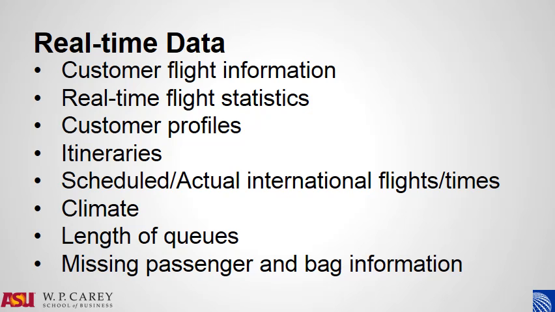That is ideally a 1-to-1 ratio, but climate and queue length and missing passengers and missing baggage can delay and change all of the scheduled flights to a different actual flight time. All of this real-time data needs to be tracked and analyzed.